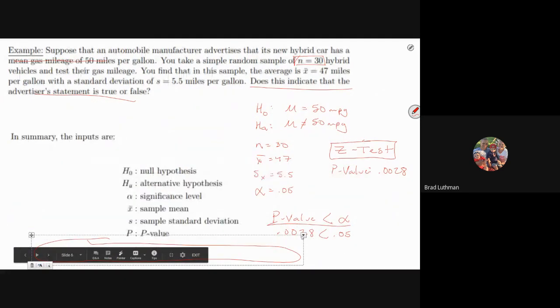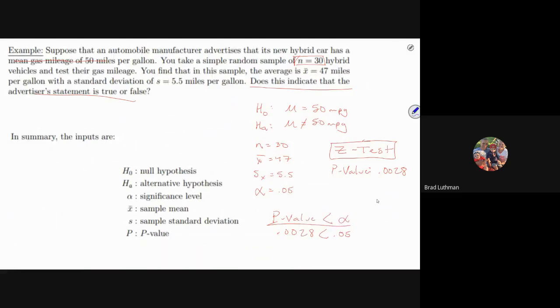So the way that looks is this. We start to write: we reject the null hypothesis at the 5% significance level.